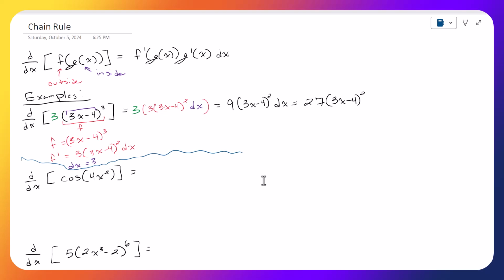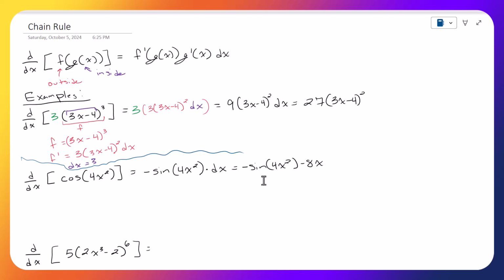The derivative of cosine is negative sine, and then my inside stays the same, times dx. And our dx is just the derivative of the inside. Well, the derivative of the inside, 4x squared, would just be 8x. So we have negative sine of 4x squared times negative 8x.